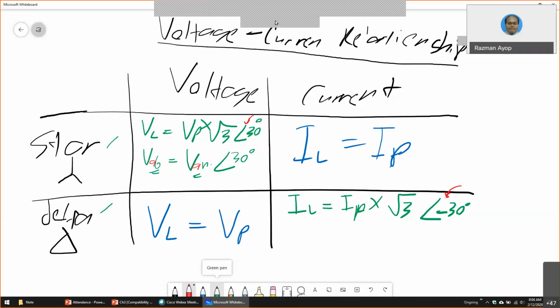And how to use this formula? Basically, for example, the I line is IA.